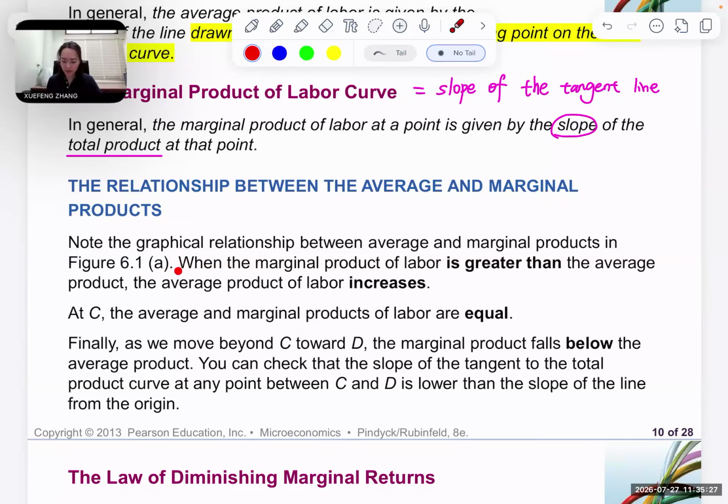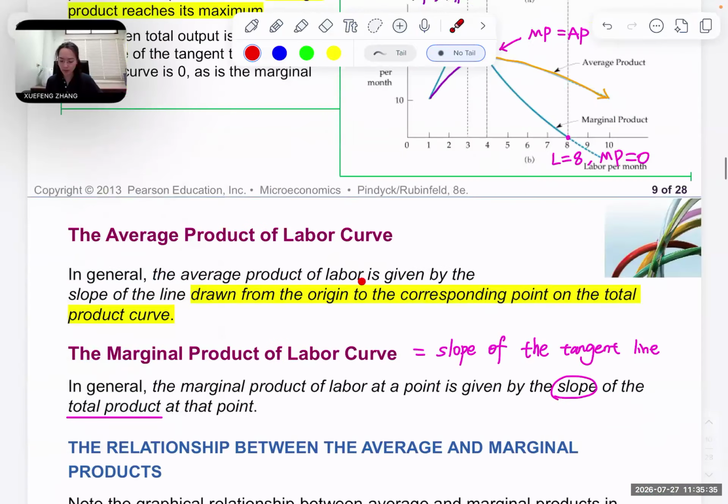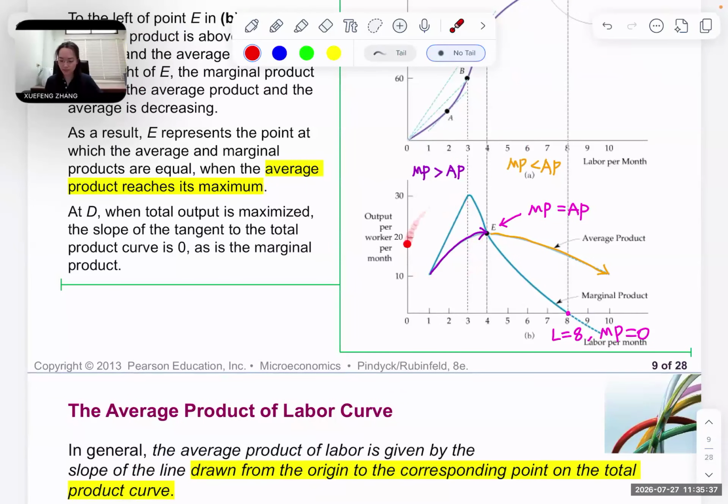So here you see when the MP is greater than the AP, the average product is increasing, which is here, right? MP greater than AP, AP is increasing.